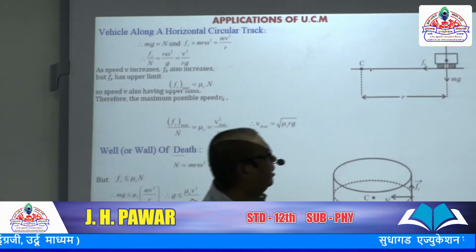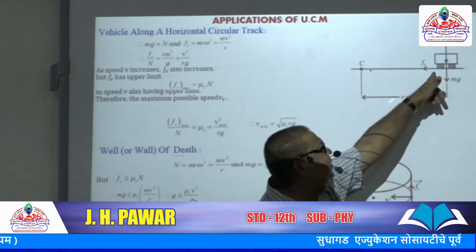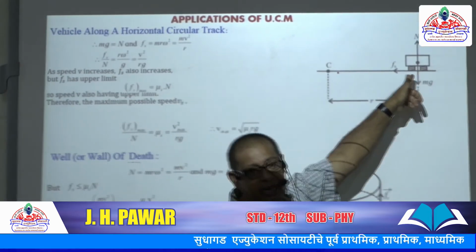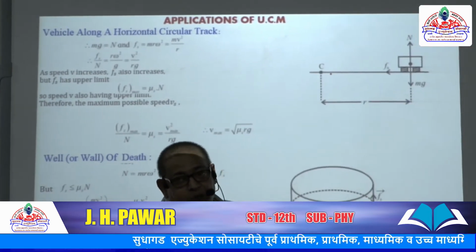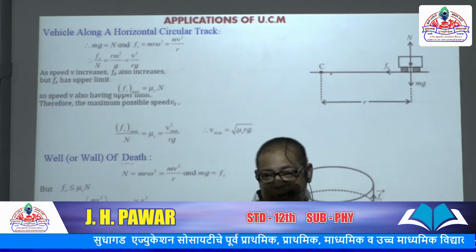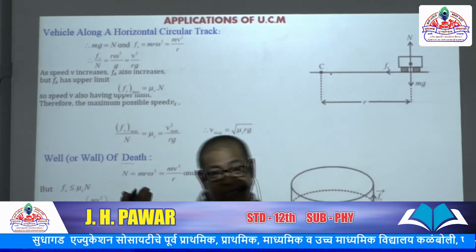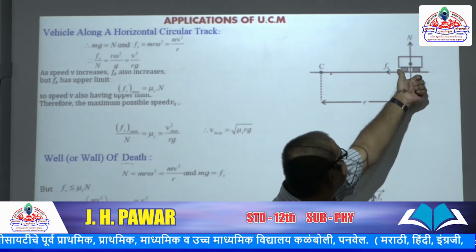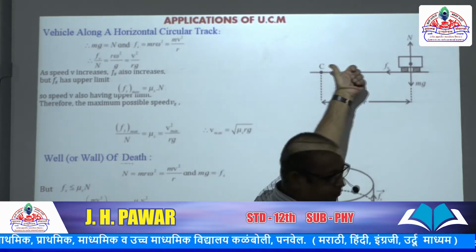And thereafter, another force comes into play. It is the force of friction, a force between the surface of the road and the tires. And look, this force is acting toward the center of the circle.